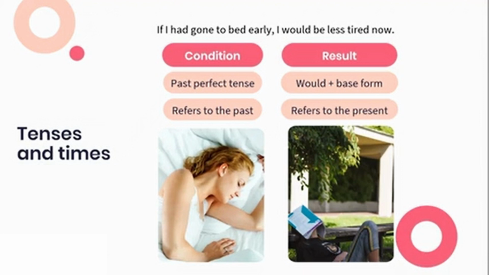You may notice that this is quite similar to the type 3 conditional because we're talking about a hypothetical past result. But in the type 3 conditional, both the condition and the result refer to the past, whereas in this case, the condition refers to the past and the result refers to the present.